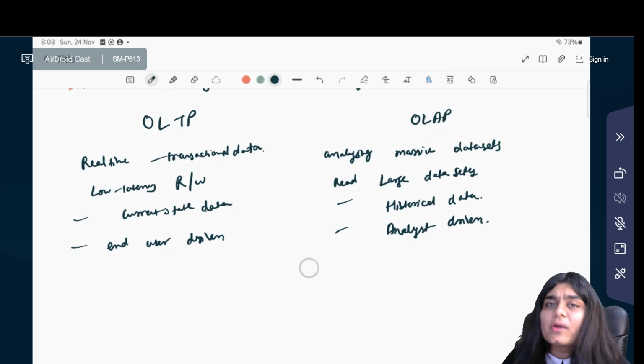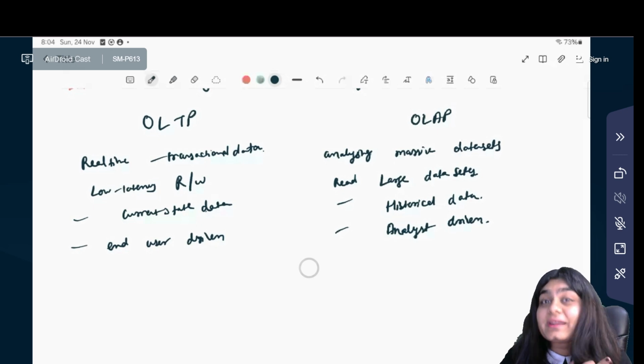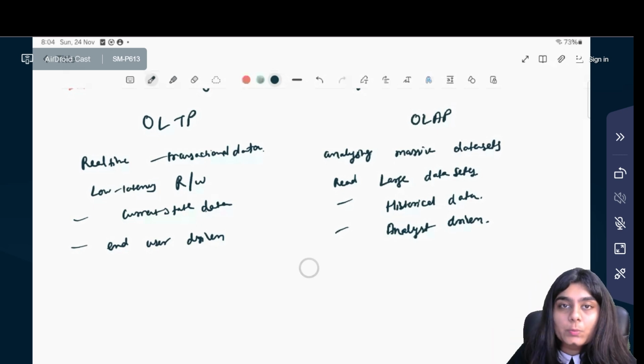While OLAP and OLTP systems have traditionally been separate, many modern organizations combine both into a single ecosystem and they do this through data warehousing, a system where OLTP data is moved to an OLAP database for deeper analysis. So here is how it works.